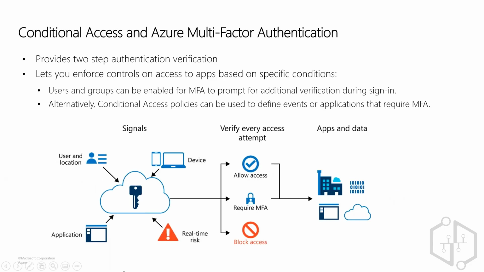So if you check these options which I mentioned earlier: users and locations, devices, applications, and real-time risk. These are some of the signals that one needs to capture, right? Based on the signals being received, take your decision over here.